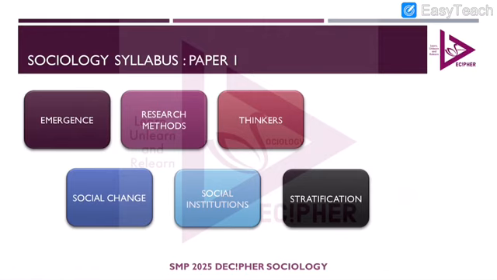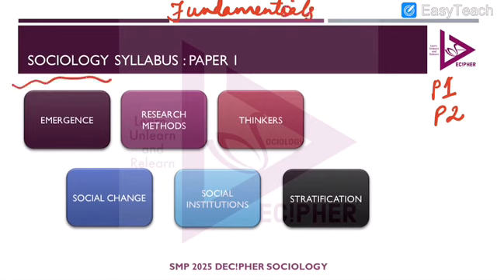Now, let's look at the syllabus of sociology. Sociology, like the other optionals, has two papers, paper 1 and paper 2. Paper 1 mainly deals with the fundamentals of sociology.